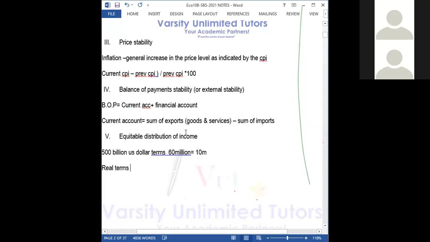How many individuals are benefiting from the wealth of an economy if you are to look at it from an equitable basis and compare it with the current inequitable basis that the economy maybe is propagating? That's where you can analyze whether an economy is benefiting from its activities or whether the citizens are benefiting in real terms.